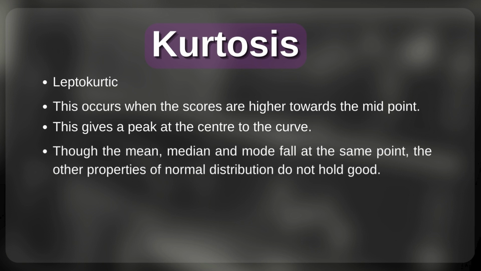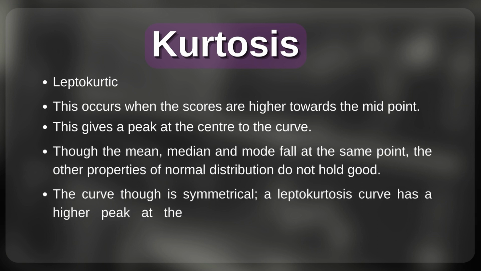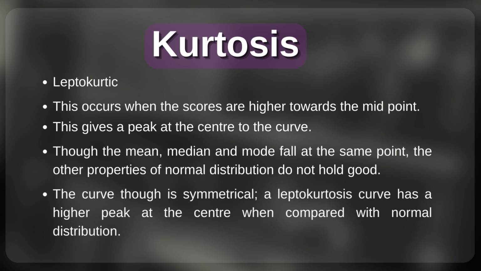Though the curve is symmetrical, a leptokurtic curve has a higher peak at the center when compared to the normal distribution. That is, even if it appears to be symmetrical, it is not. It has the property of having mean, median and mode at the same point, but it does not follow the other properties of normal distribution. So this is something about leptokurtic.